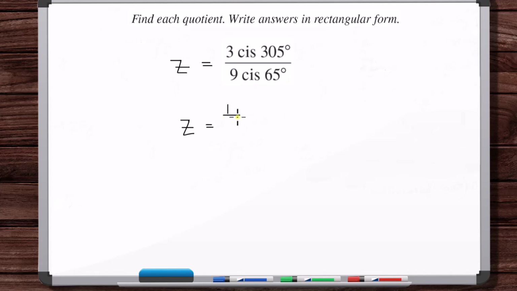Three divided by 9 is 1/3. 305 minus 65 is 240. So 240 is in the third quadrant with reference angle 60 degrees. In the third quadrant, both the x and y coordinates are negative.